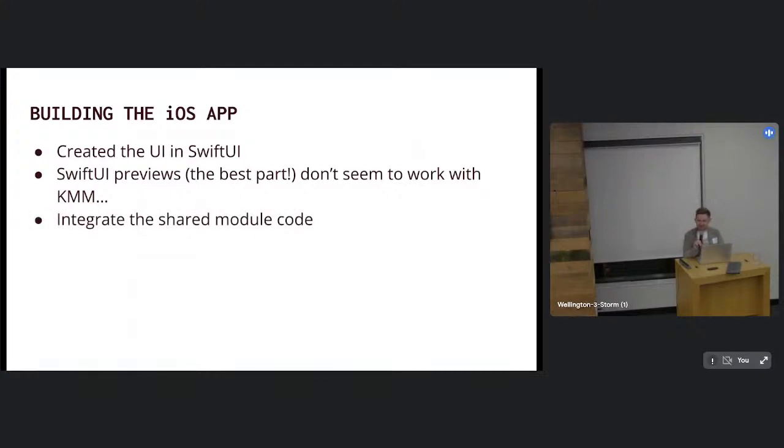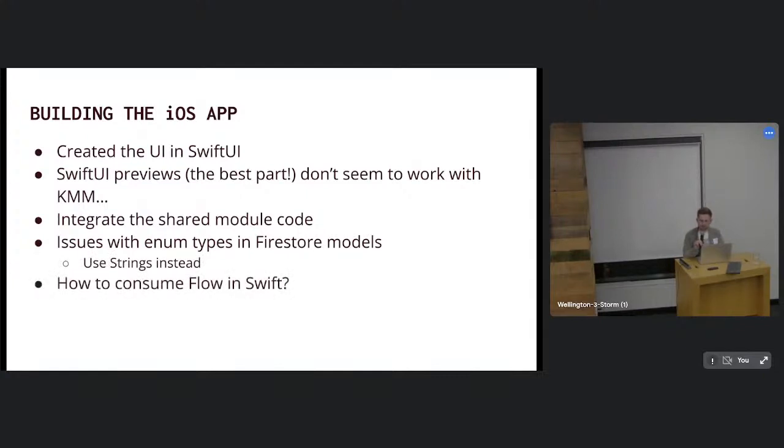But yeah, from there, I tried to integrate the shared module code. There were some issues with using enum types in the Firestore models. The fix was pretty straightforward, basically just to use strings instead. And then the question became, how do we consume a flow in Swift?